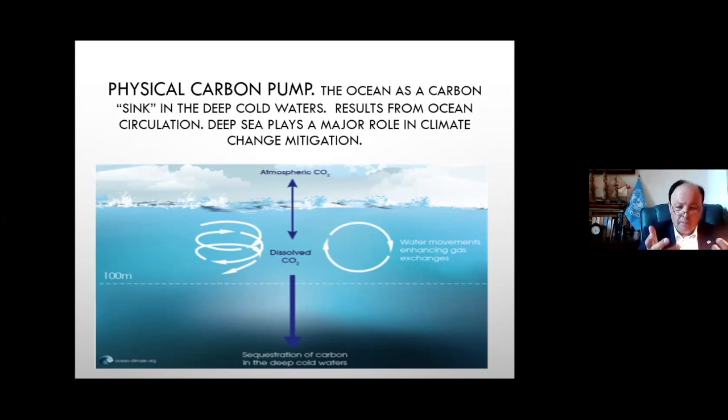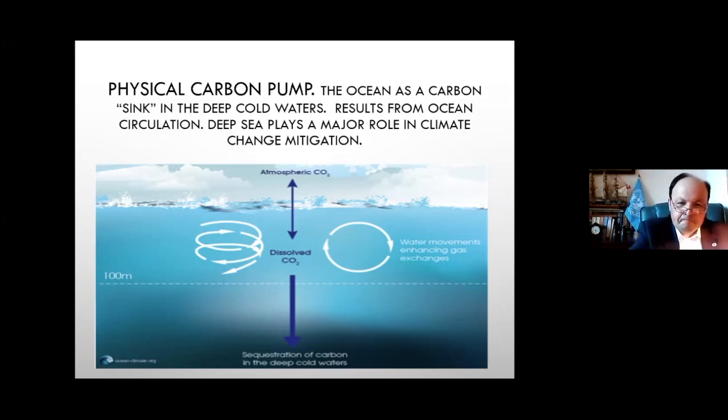It's not used by the plankton, but the sequestration of these molecules of dissolved carbon dioxide happens, and it's dragged down, if you want, to the deep cold waters. And that's why the ocean is known to have this physical carbon pump.